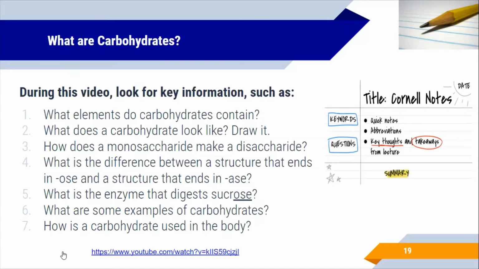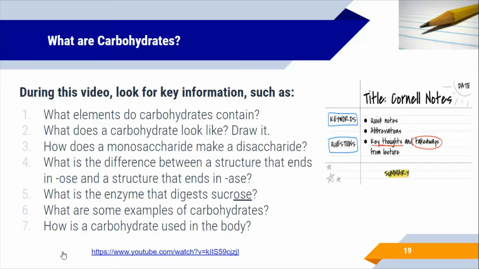Number 1, what elements do carbohydrates contain? What does a carbohydrate look like? Draw it. How does a monosaccharide make a disaccharide? What is the difference between a structure that ends in OSE and a structure that ends in ASE?